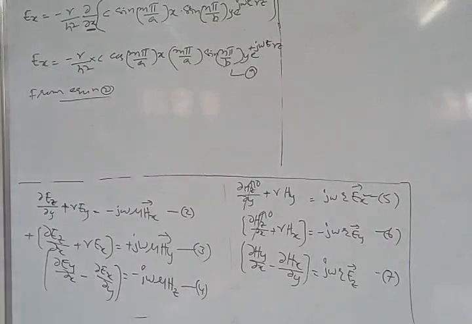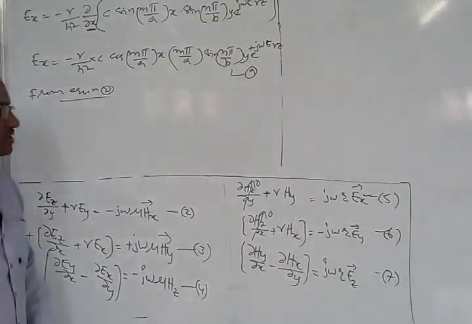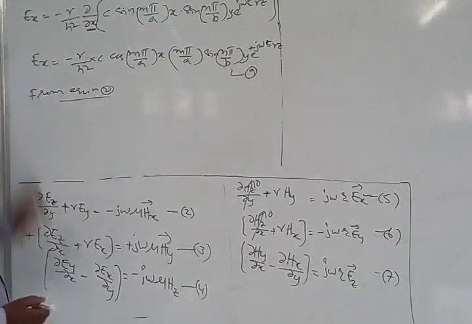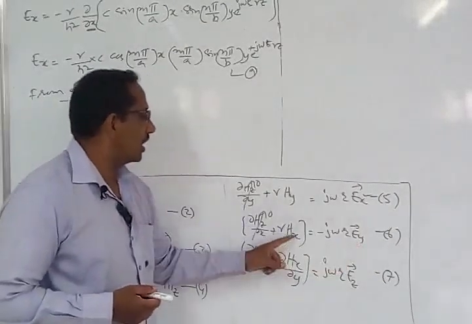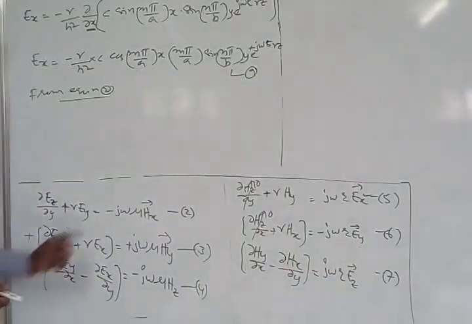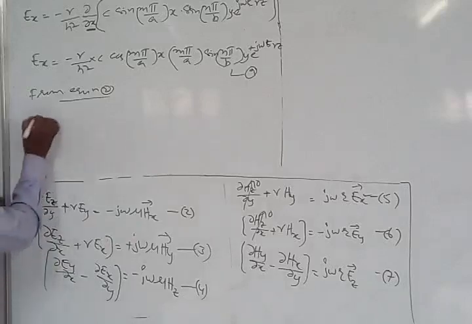So now we will be continuing to solve for the other expressions, that is going to be Ey. So to get Ey, I need Hx. So where do I have Hx? In equation 2. So from equation 2, I can get the Hx equation.